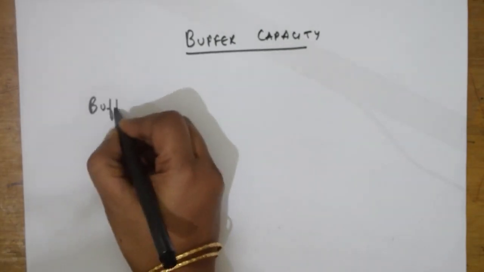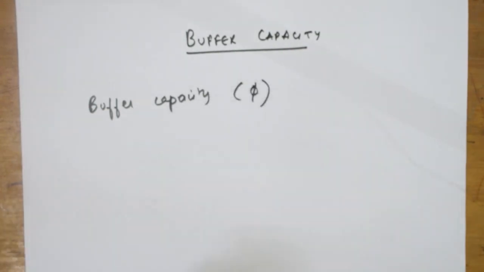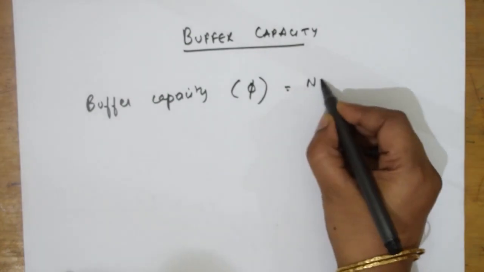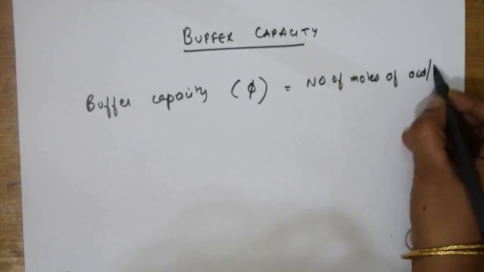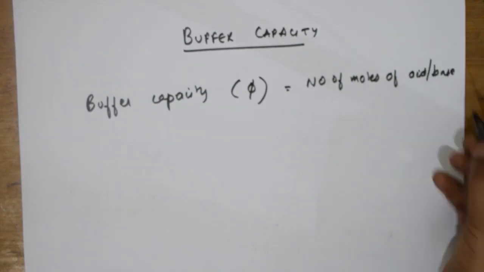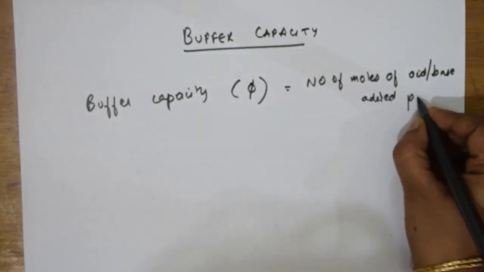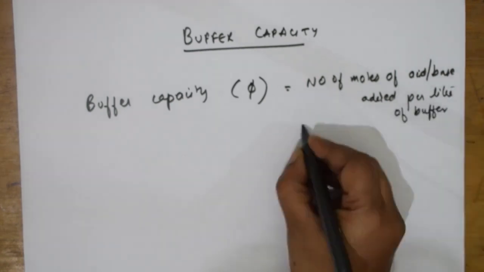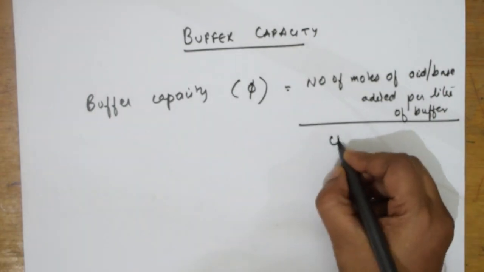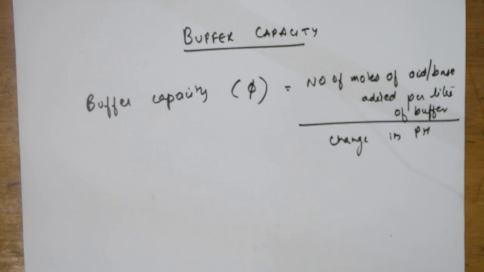Buffer capacity is equal to the number of moles of acid or base added per liter of buffer, divided by the change in pH. Remember this.